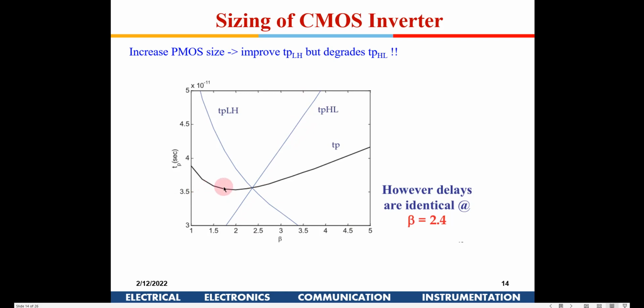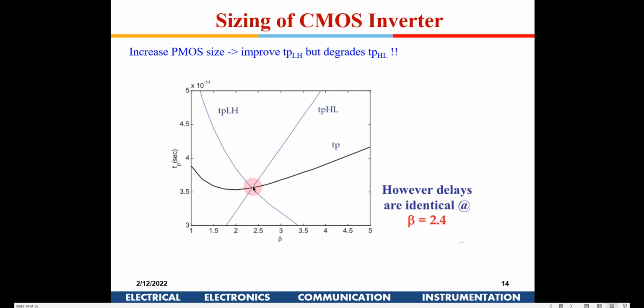So if you keep NMOS weak and make PMOS stronger, the rise time will decrease, so the delay of low to high is going to decrease, whereas the other is going to increase.